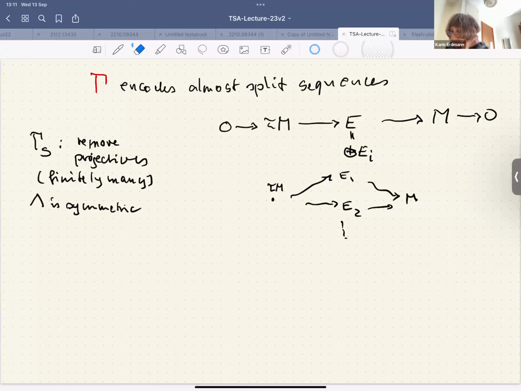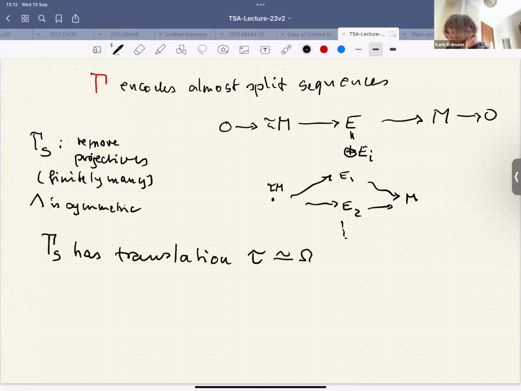so this is a translation quiver. So Gamma S is a translation quiver, has a translation. And in our case, because it's symmetric, it's the same as omega squared, which is the syzygies of these modules.